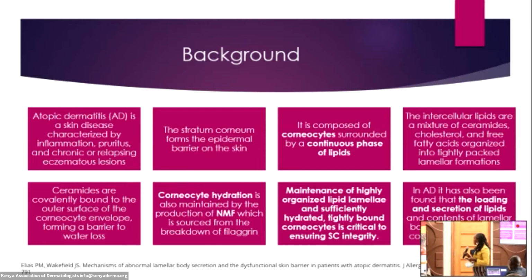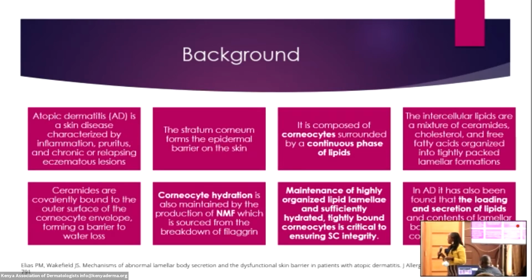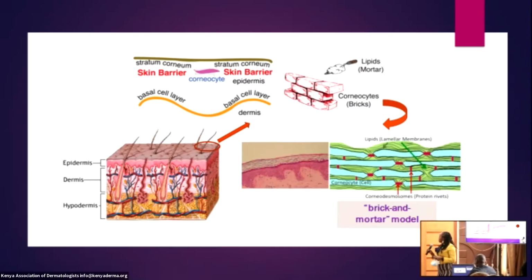So basically in eczema, we have issues with several of those structures, from the lipid lamellae, to how tightly bound the corneocytes are, to the hydration factor. This is just an image that shows you where the stratum corneum is. And Dr. Makeo talked about the brick and mortar structure, so I won't go so much into that.